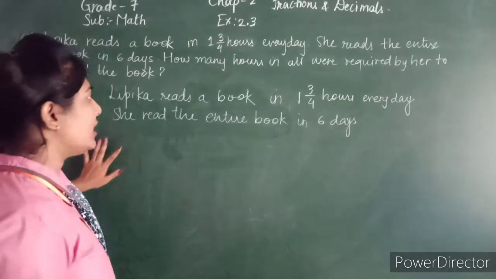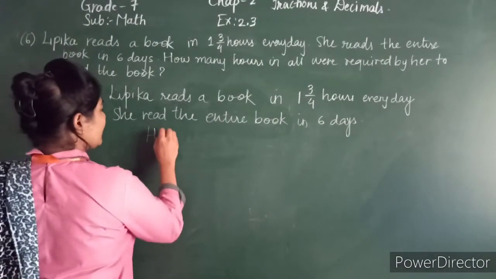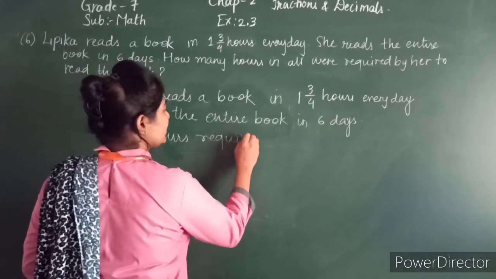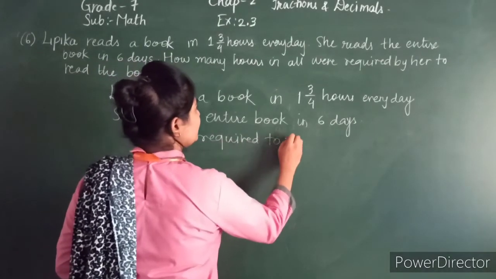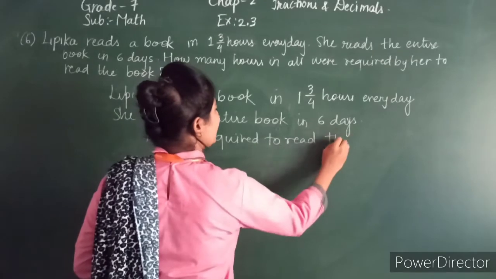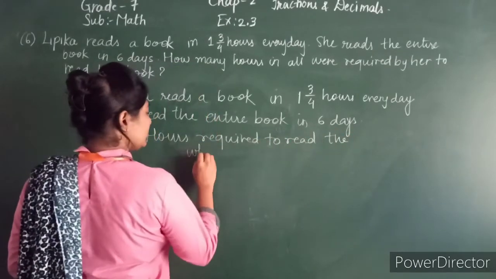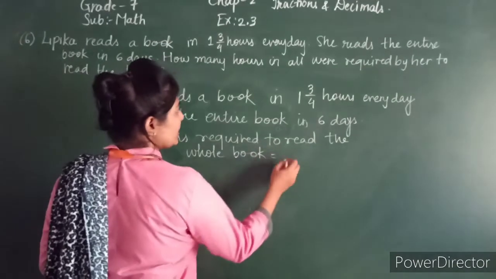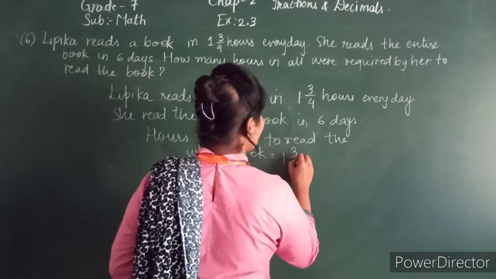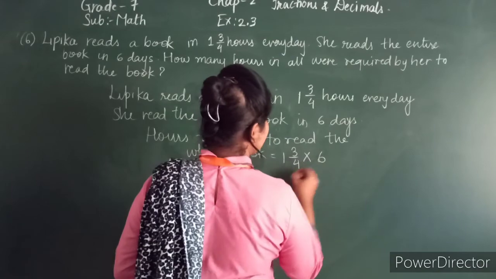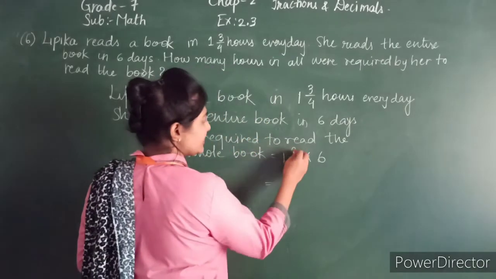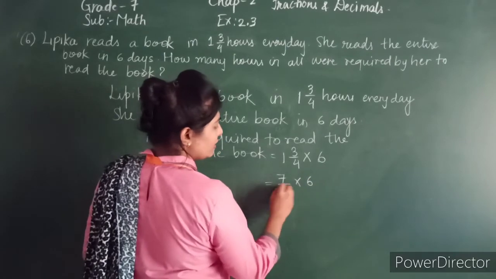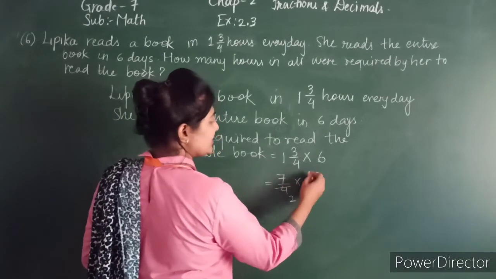Now we have to find the hours required to read the whole book. So here 1 3/4 into 6 days. So 4 ones are 4, 5, 6 and 7. So 7/4 into 6. So here 2 2s are 4 and 2 3s are 6.